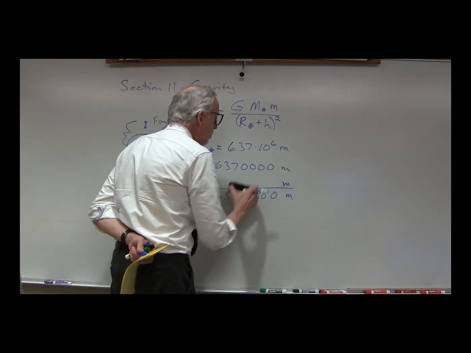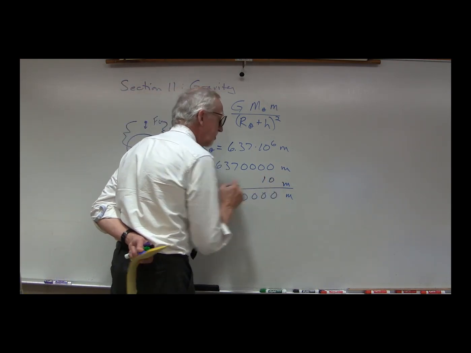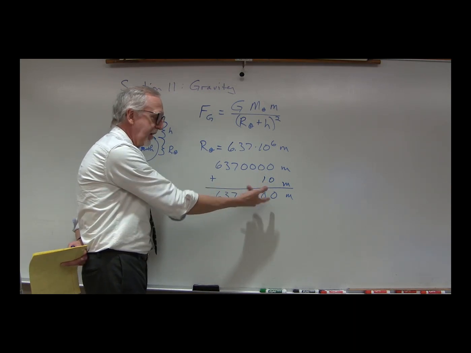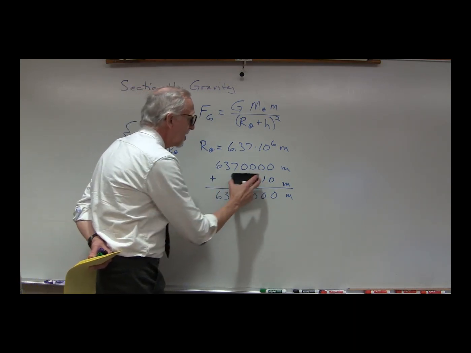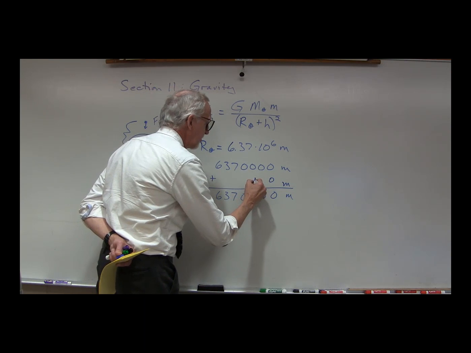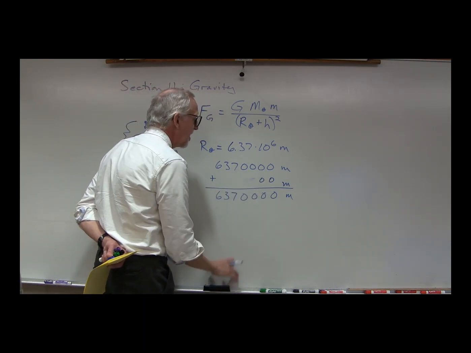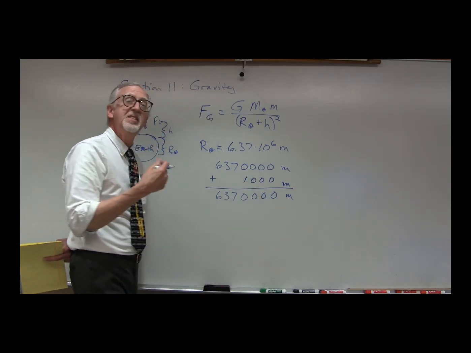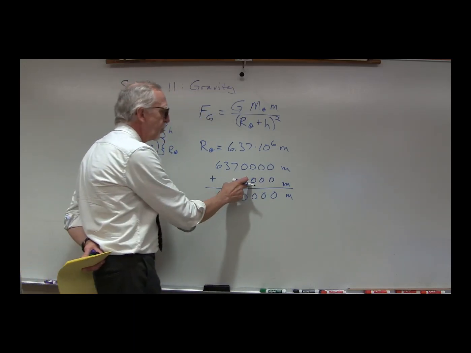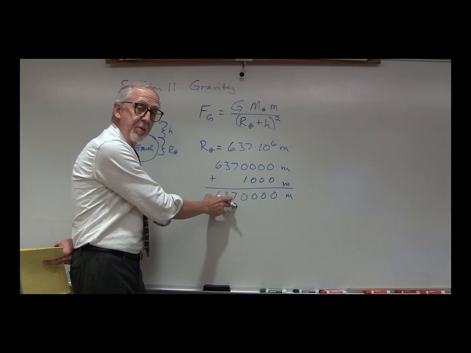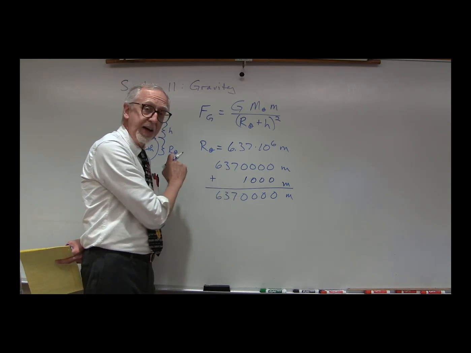What if the distance were 10 meters? Again, that's not significant. We wouldn't change the value. What if it were 100 meters? Still no change. What if it were 1,000 meters? Still no change. If it were 10,000 meters, then yes, that would come up to 638.